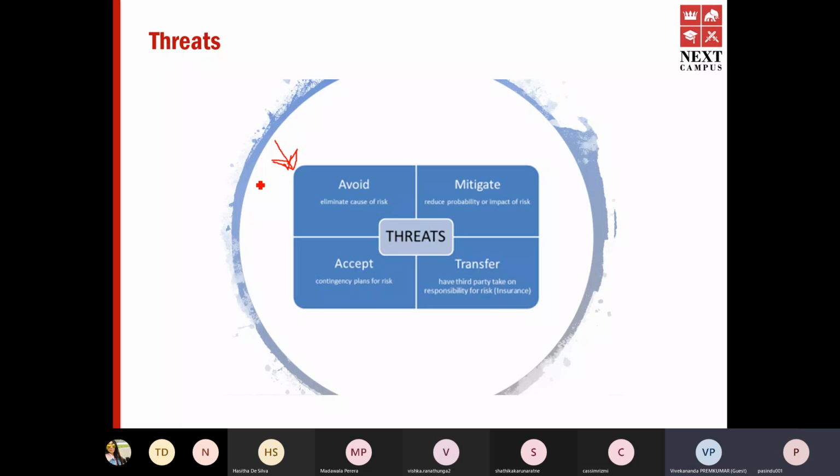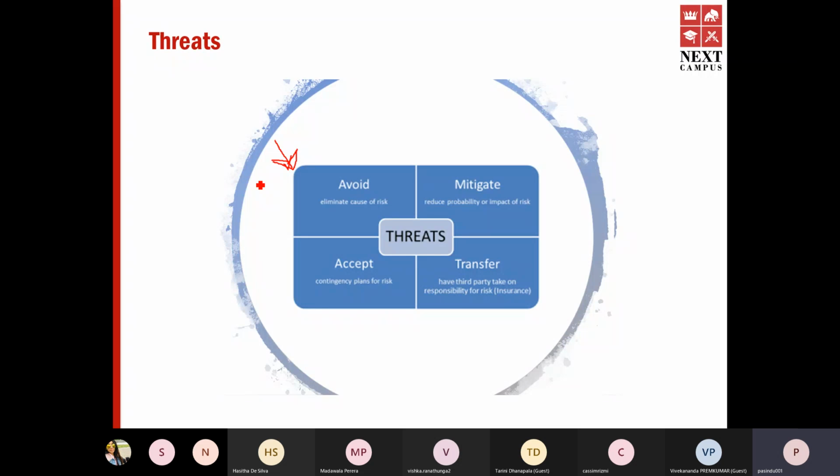Tarini? How would you mitigate it? Try to reduce the time you use the vehicle. Okay, good answer. You would reduce the time that you would use the vehicle.